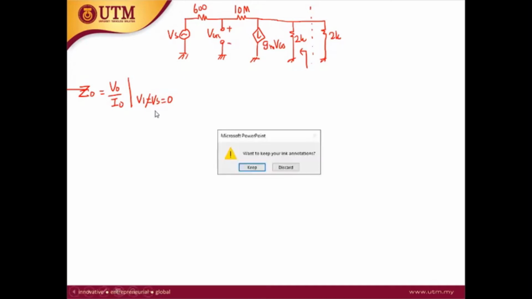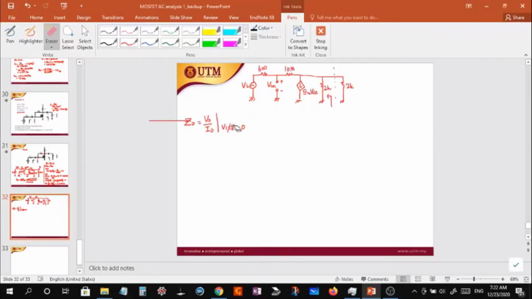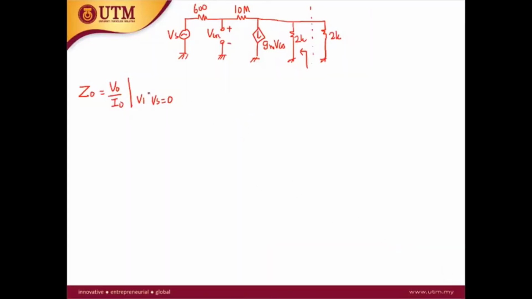Let me correct this one: VI or VS is equal to 0. So when VS is equal to 0, it's grounded. So this point is grounded. So the analyzed circuit will be something like this.